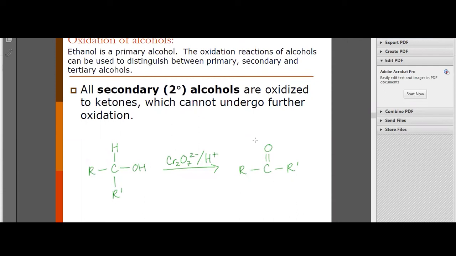Okay. The primary alcohol gives aldehyde and carboxylic acid as the products, while the secondary alcohol is oxidized to form a ketone. You can see here that this is a secondary alcohol, since the OH is attached to the C that is bonded to two R groups.